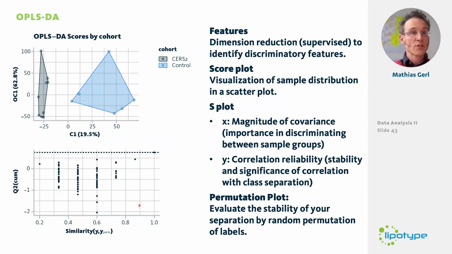So we do this permutation plot, and what you see on the x-axis is how similar the labels are to the one you started out with. So here is everything you did in the model. Here you actually replaced 1, 2, 3, and so on of the labels. And then you do this again, and you see how well your model performs.